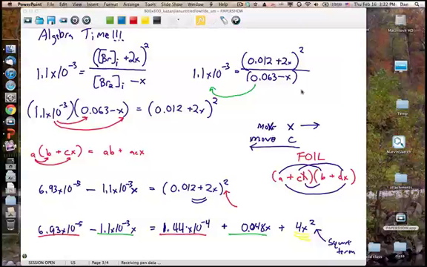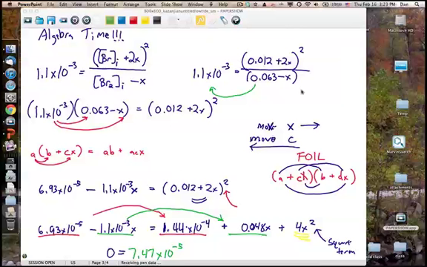If we start adding things up, set everything equal to 0, and then rearrange, we move all these red ones onto the side, and then this green one onto this side. Mathematically, this becomes 7.47 times 10 to the negative 5th.